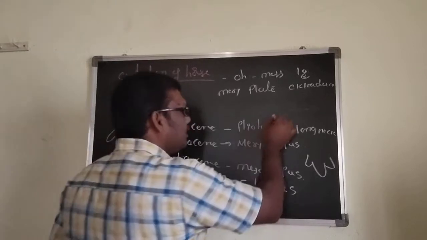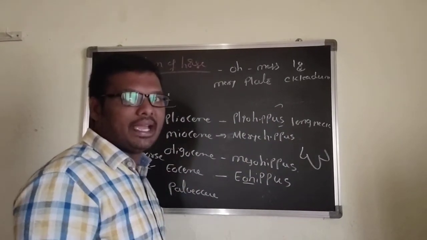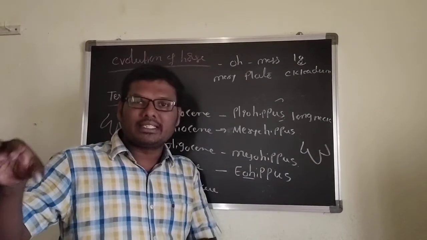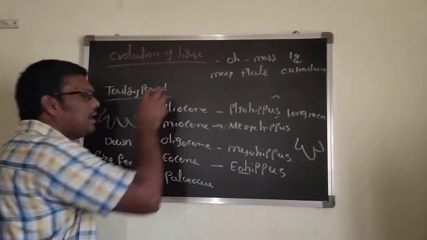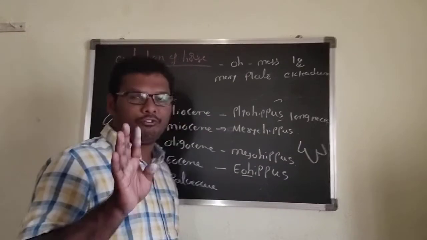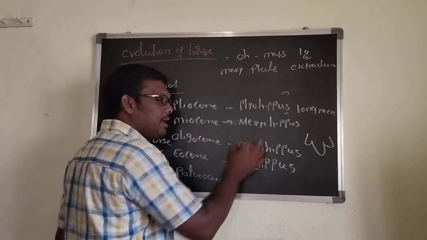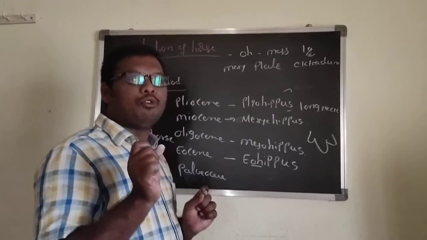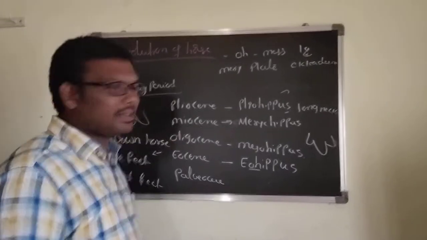In this, the fore feet and hind feet have a single finger and single toe, the same as in the modern horse. Among these, Eohippus has 4 fingers and 4 toes, Mesohippus and Merychippus have 3. The first time 1 toe and 1 finger can be seen is in Pliohippus.